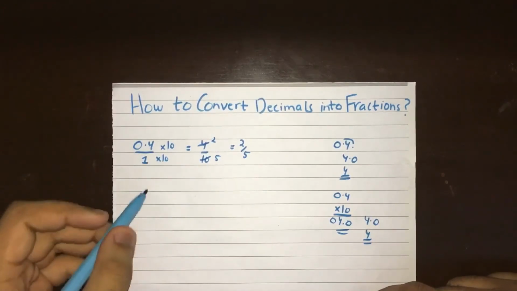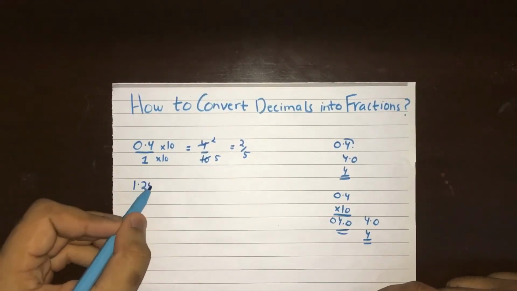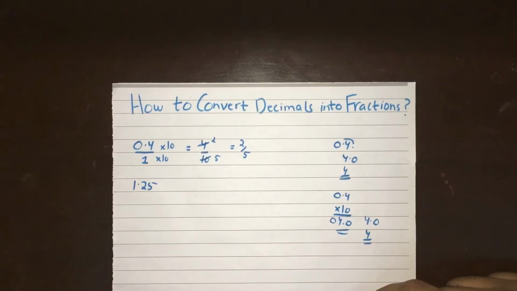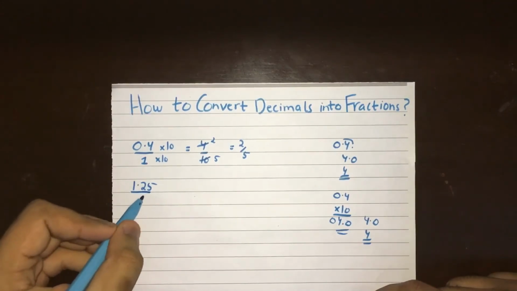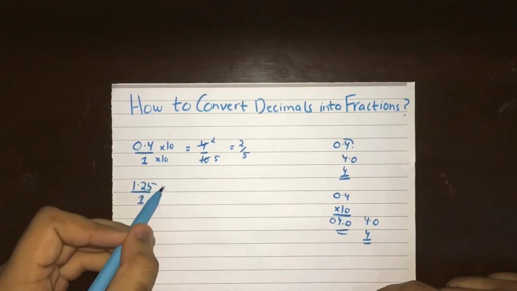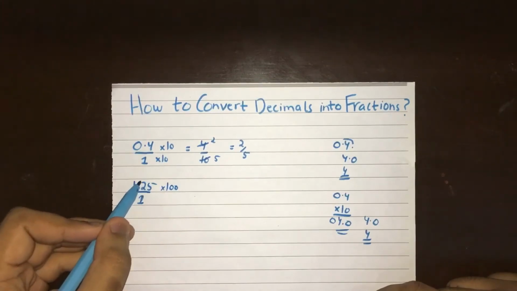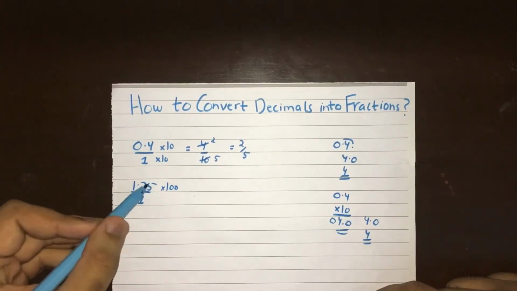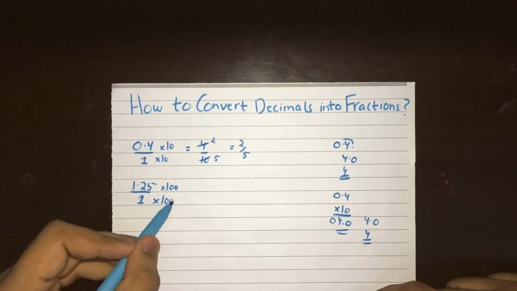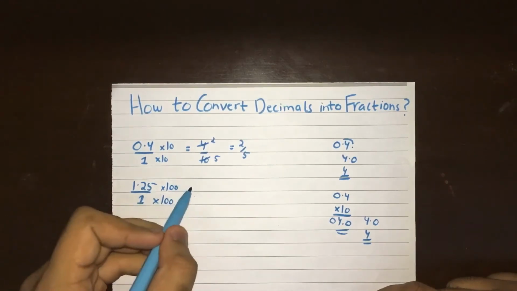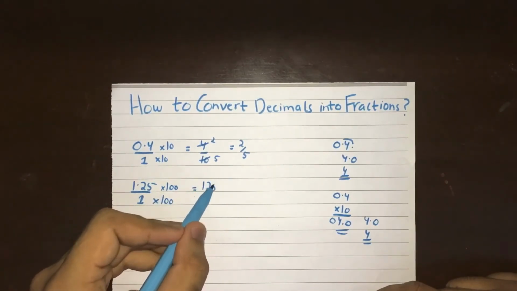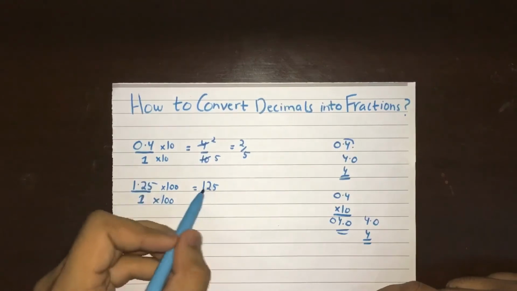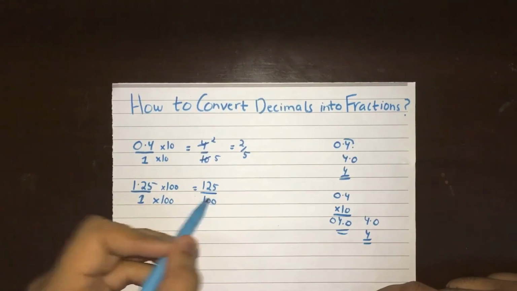Let's look at another example. 1.25 is a decimal and its denominator is 1. We need to multiply by 100 this time because we need to move the decimal 2 places ahead. Now we multiply it by 100, which gives us 125 over 100.